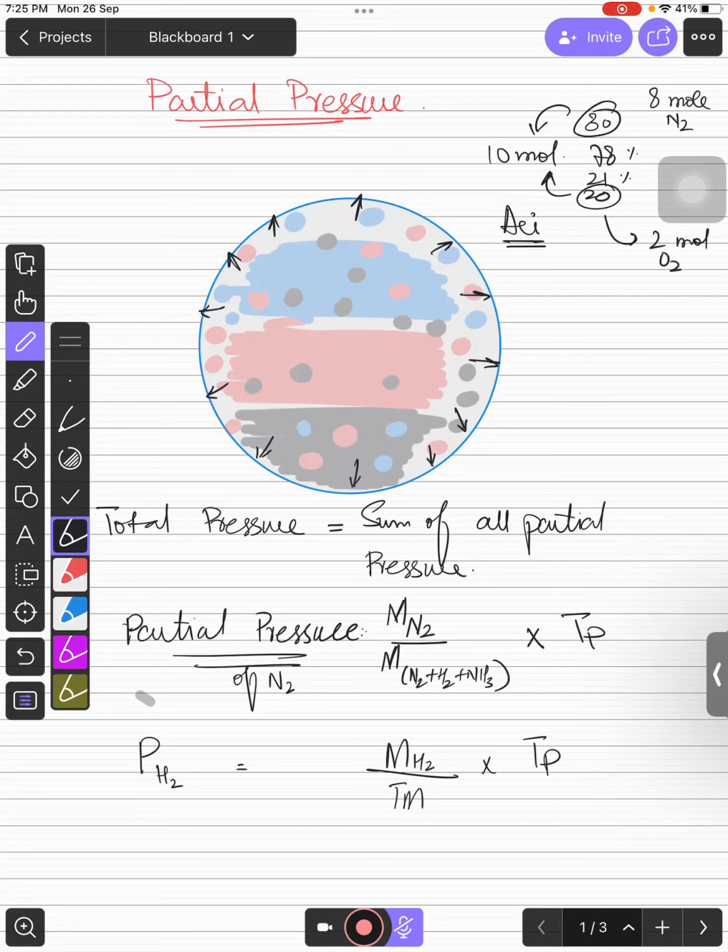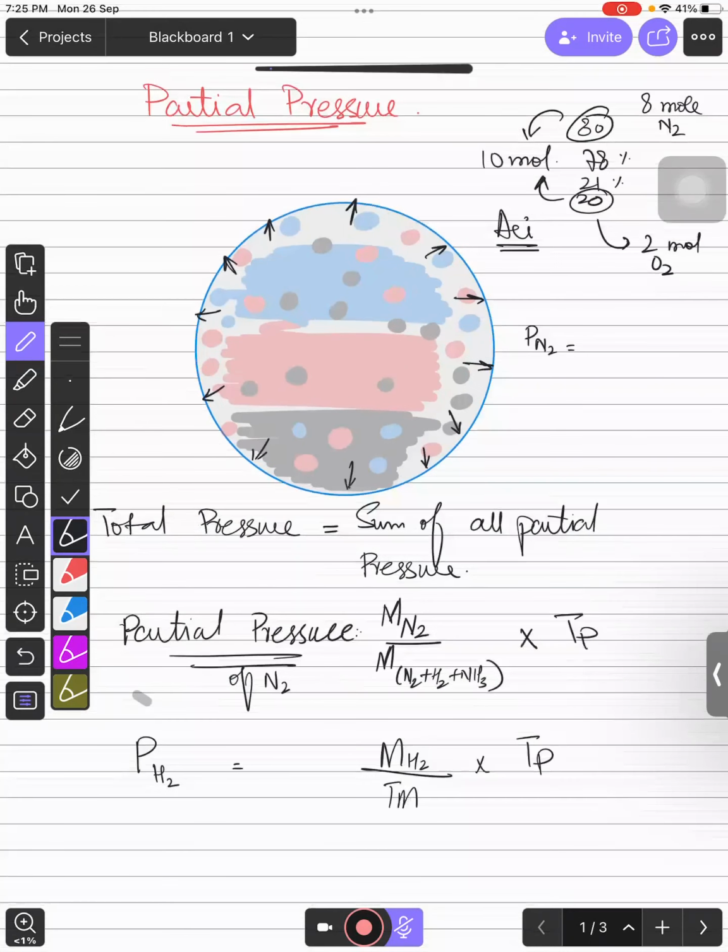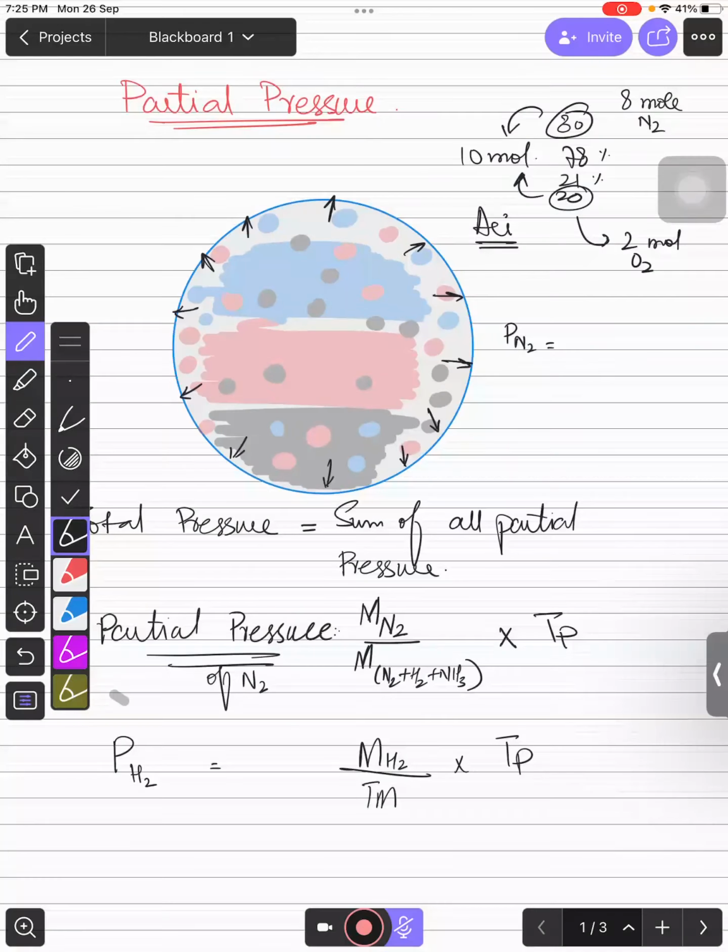If I want to find the partial pressure of nitrogen, we know that 1 atmosphere is the total air pressure over here on our heads. So it is moles of nitrogen divided by total moles, times the pressure, which is 1 atmosphere. Same way, the pressure of oxygen is moles of oxygen divided by total moles, times the total pressure.